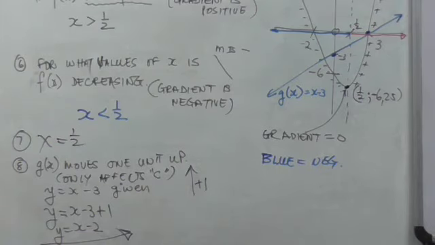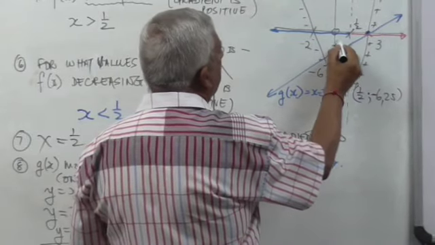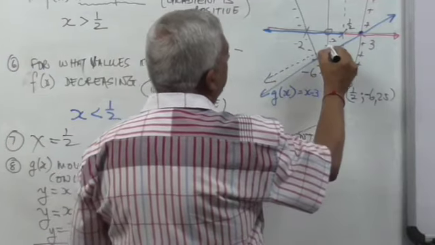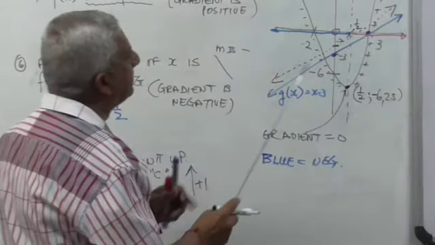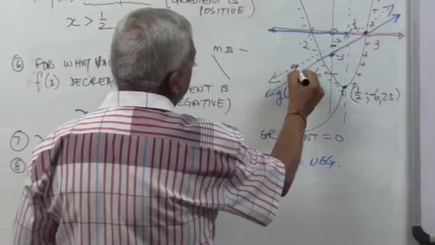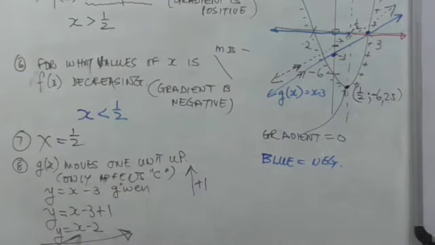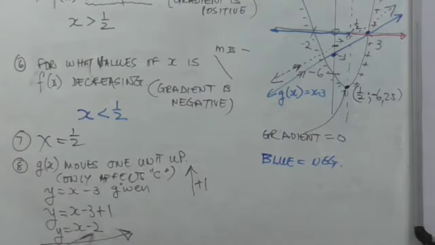And you can see on the graph that if I move this graph 1 unit up, it will go to minus 2. It will still have the same gradient. It's called a parallel shift. It's parallel to this line, but it's going through minus 2. The y-intercept is minus 2.